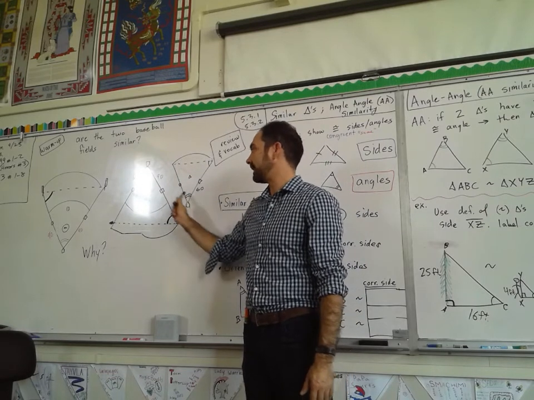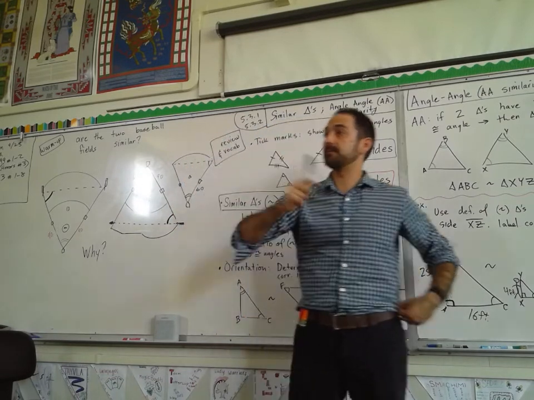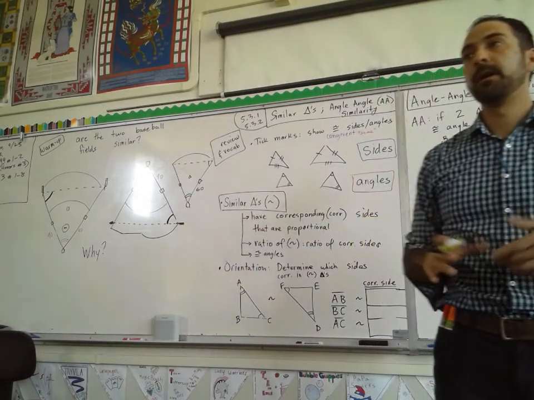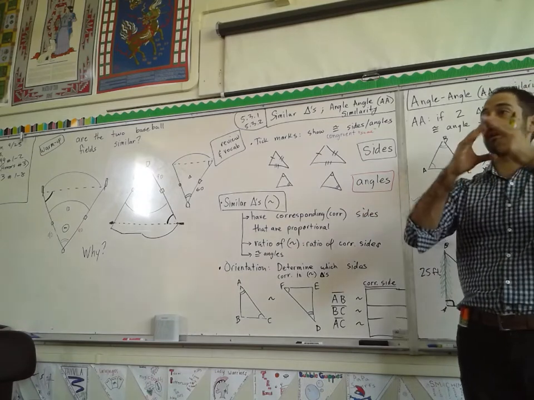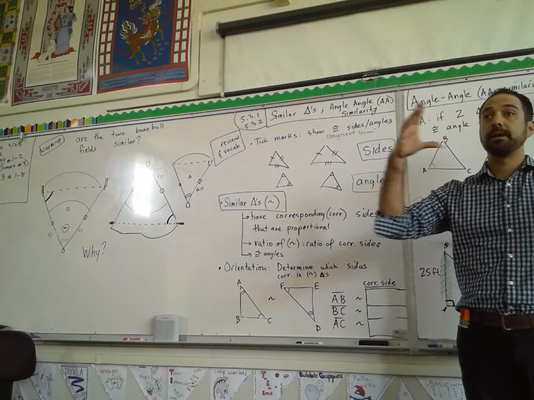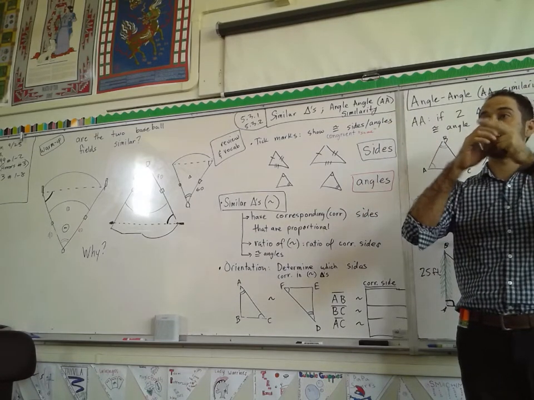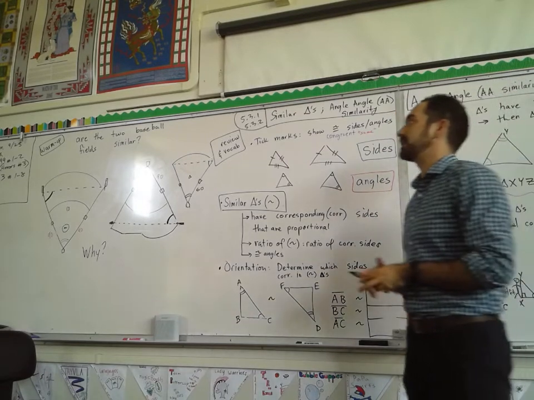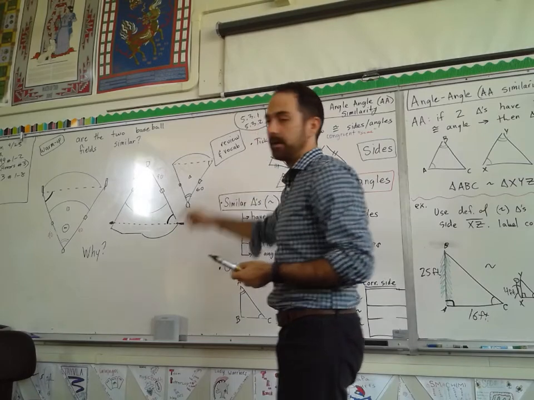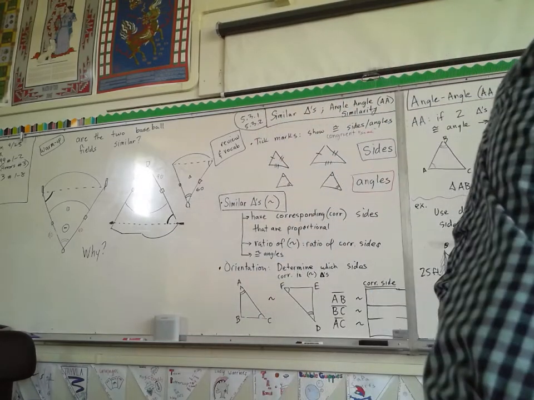If we have two angles in common, that's all we need to know that they're similar. It doesn't mean they're the same. They're not exactly the same size, but just like with dilations, if it gets bigger or smaller with the same consistency, compression or stretching, then we know they're similar. That's really what we're jumping into today. So just keep that idea in your head, and let's look back.